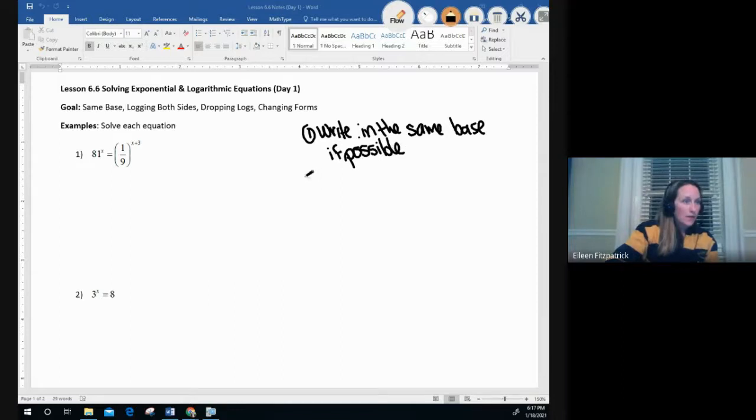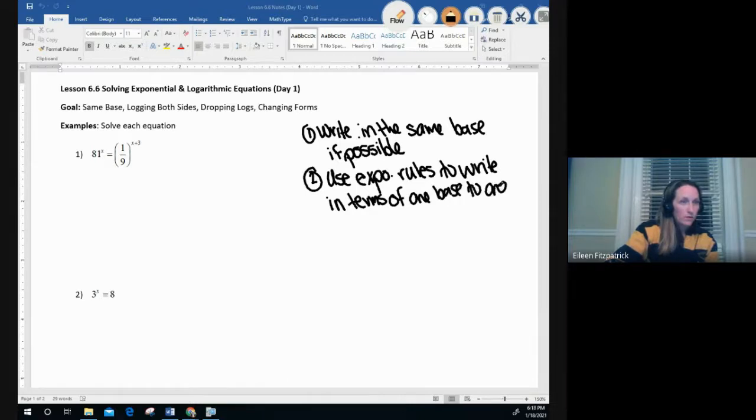After you get them in the same base, you're going to use exponent rules to write in terms of one base to one power. That's the goal. And then you'll be able to drop bases and solve.